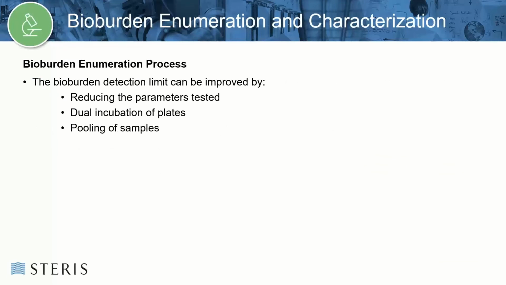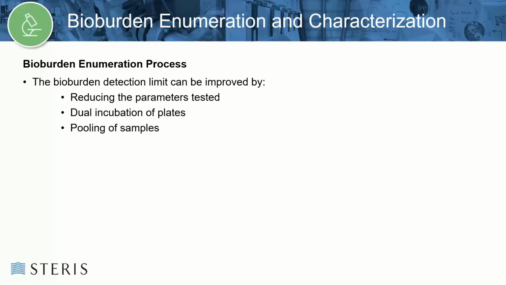If it is reasonable and appropriate to do so, the bioburden detection limit can be improved by reducing the number of parameters tested. For instance, aerobes, anaerobes, sporeformers, and fungi could be combined to reduce the number of tests that we're performing.